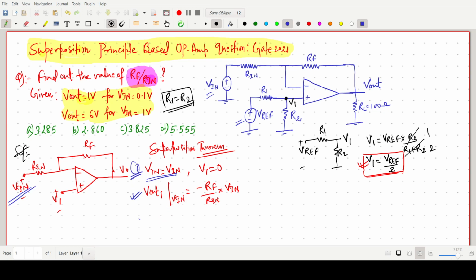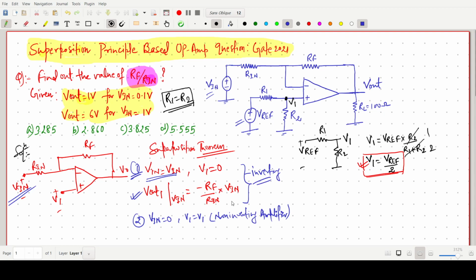Now for the second one, when V in equals 0, we keep this one at 0, and the input is simply V1. So it behaves as a non-inverting amplifier. I am writing step by step.